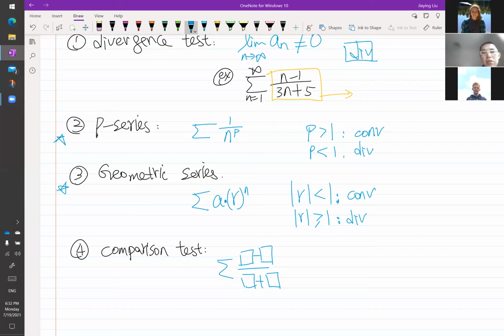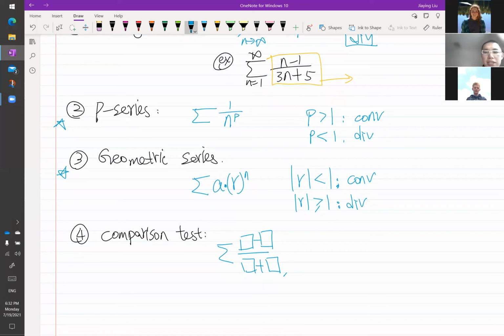You have to look at the numerator and denominator there. If you have something like this, you can try the comparison test.